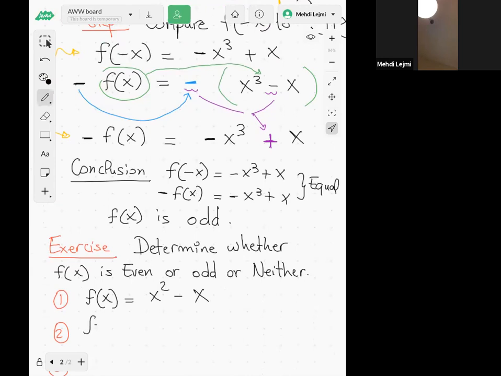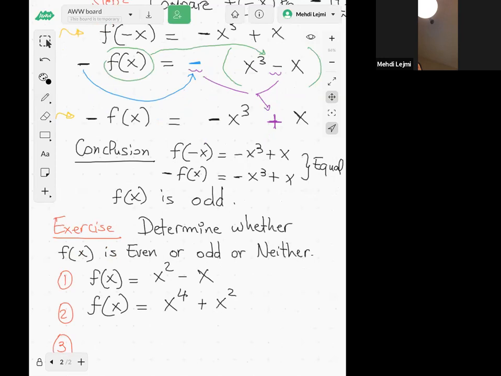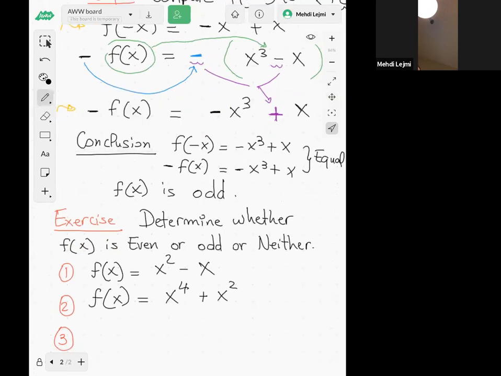Number two, f of x is, let's say, x to the power 4 plus x squared. And number three, f of x is, say, x cubed minus 1.